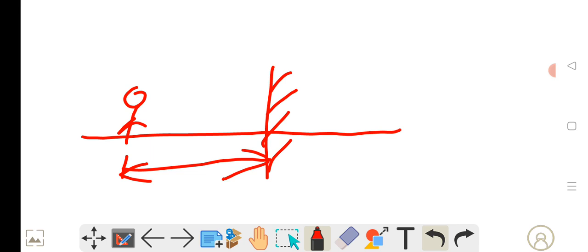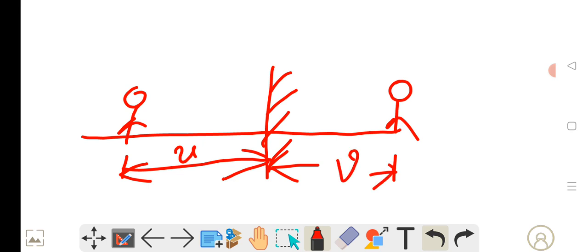Remember, the distances must always be measured from the mirror. This is denoted with letter U, and here you have the image formed, isn't it? Now the distance between the mirror and the image, we call it image distance V. So U is equal to V.